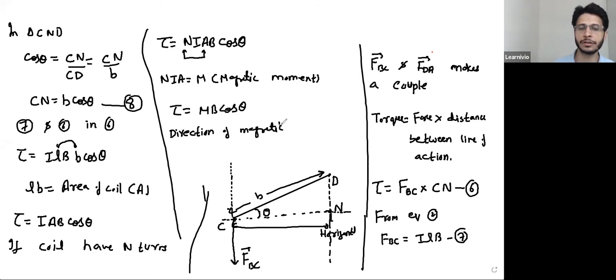Is direction of magnetic moment in the plane of coil or is it perpendicular to the plane of coil? Yes, it is perpendicular to plane of coil.